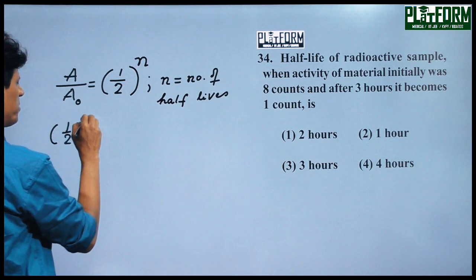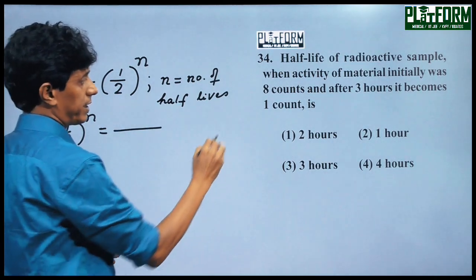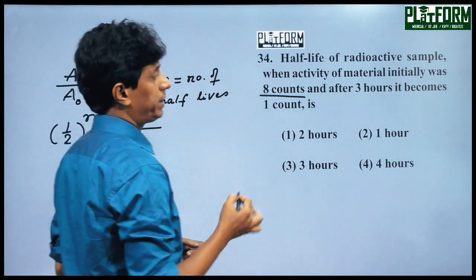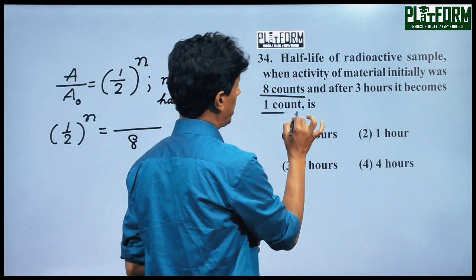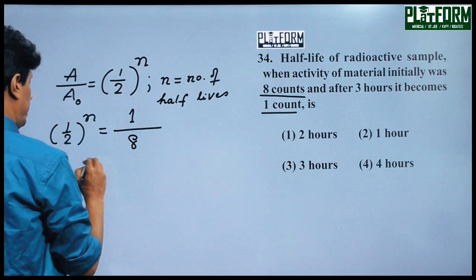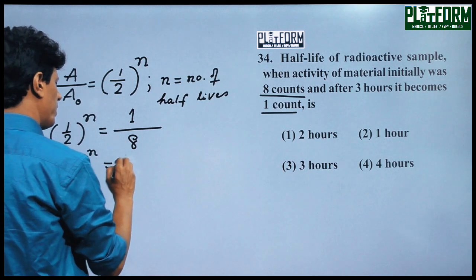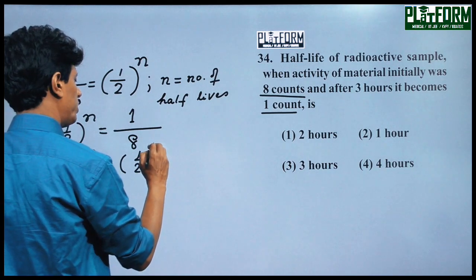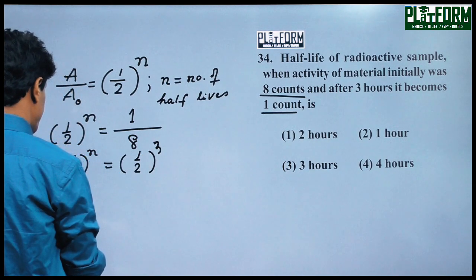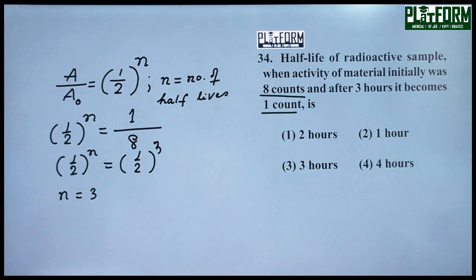Initially the activity is 8 counts and after 3 years the count is 1, so in this way you can write half to the power 3, and n is 3, that is n is the number of half-lives.